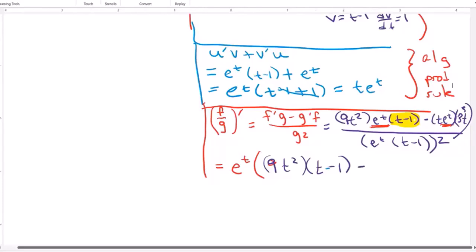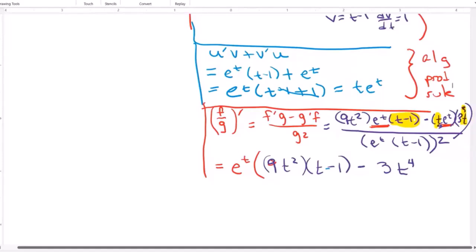And then minus, well, I already factored out my e to the t, so I have 3t to the fourth power. There's a t here, here's a t here, and here's 3 t's here.